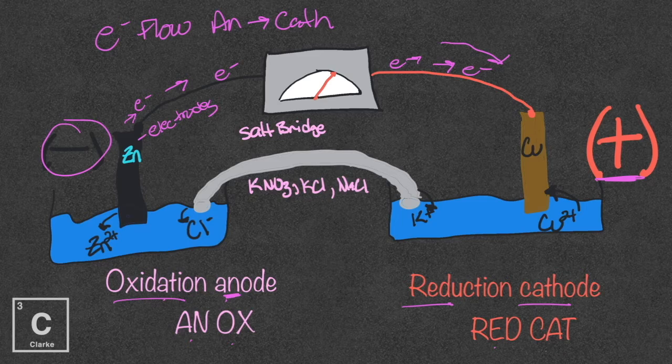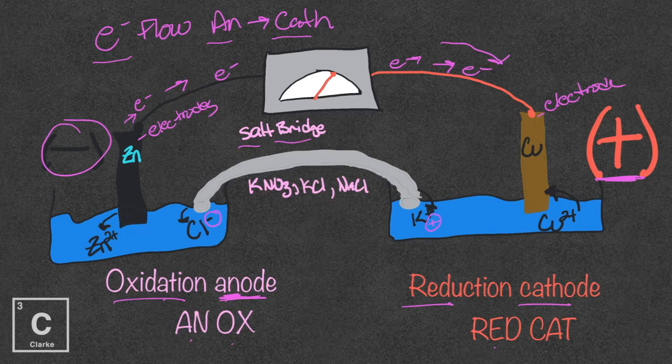Remember, the electrons are flowing from the anode to the cathode. This is also called an electrode, and the electrons are coming in. We've got our salt bridge, and our salt bridge is feeding negative anions towards the anode and positive cations towards the cathode. And that's just to replenish.